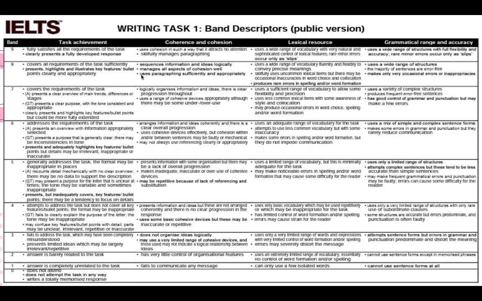And then they will take task 1 and task 2 overall that they gave you, and they will add those up and they will divide those by 2, and that will be your overall score for all of the writing. So this is how you get your band scores. Everything is averaged, but they break everything up into individual categories.